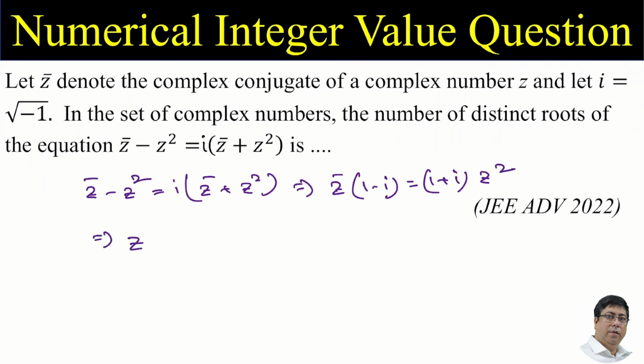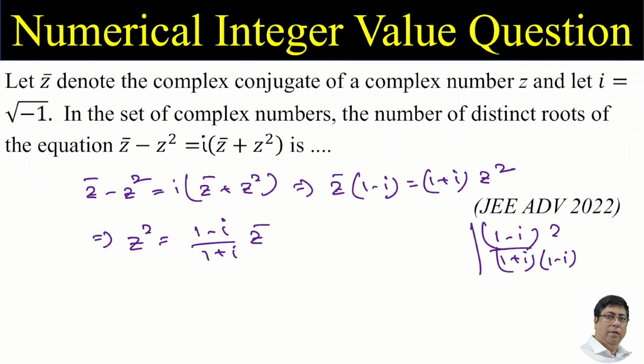So z square equals 1 minus i by 1 plus i into z bar. Multiplying 1 minus i in the numerator and denominator, the denominator becomes 2 and the numerator becomes minus 2i, so it is minus i. Therefore z square equals minus i into z bar.